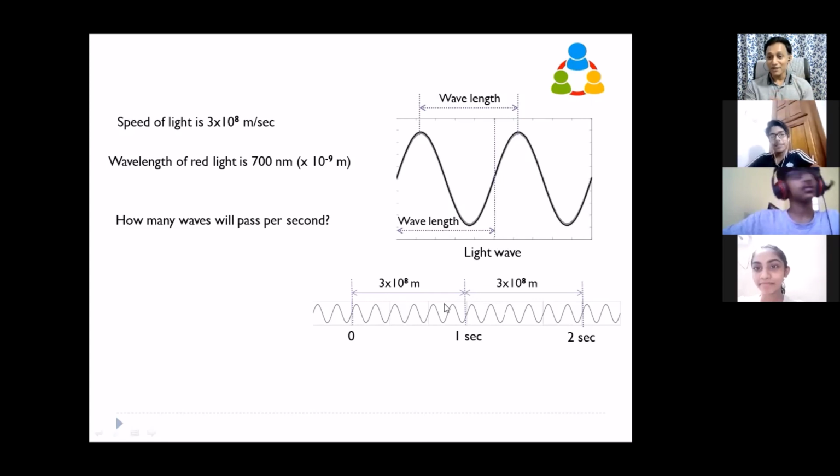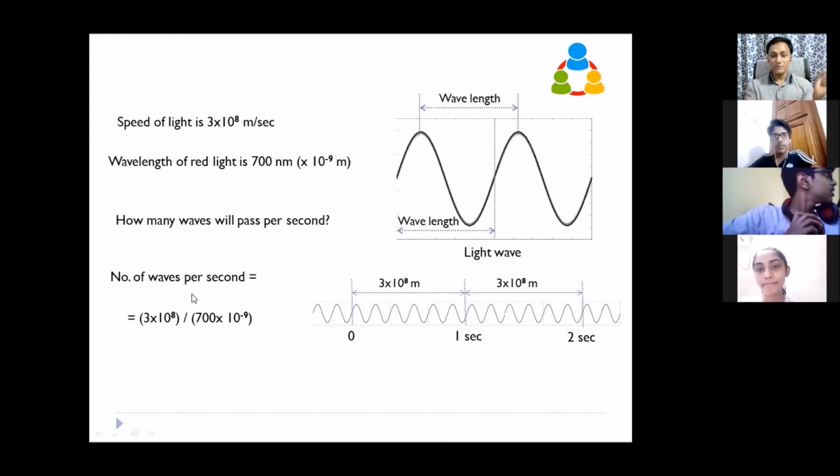It's straightforward. I told you it is the same problem, nothing in that problem. Number of waves per second is this divided by 700. You get some value. All of you get this?